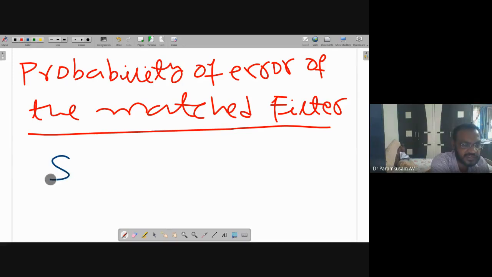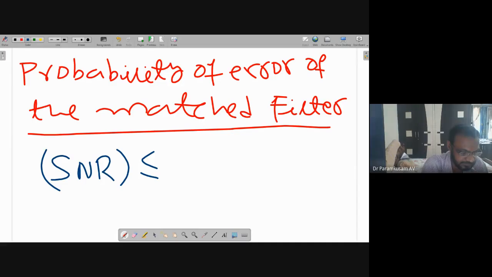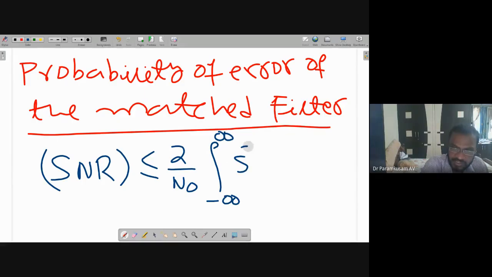That equation is: signal to noise ratio is less than or equal to 2 by n naught integration minus infinity to plus infinity s square of t dt. Note this down.